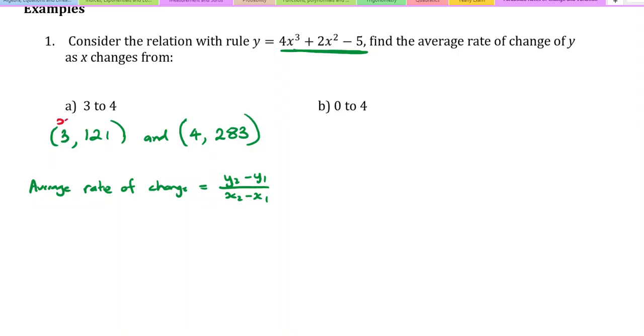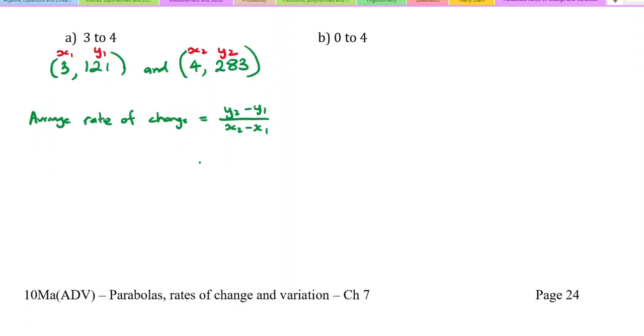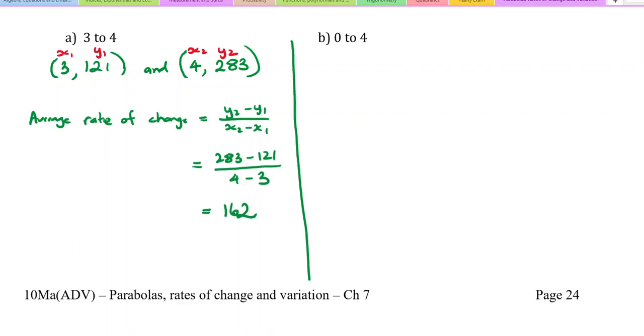So this is going to be x1 y1 and x2 y2. Subbing in, we're going to get 283 minus 121 over 4 minus 3. That equals 162. So the rate of change is 162. We don't have any units to know what that is measuring, but we have found it.